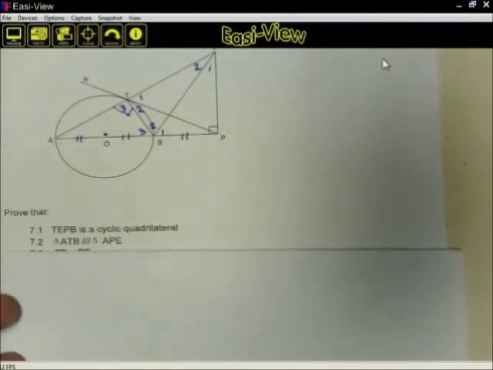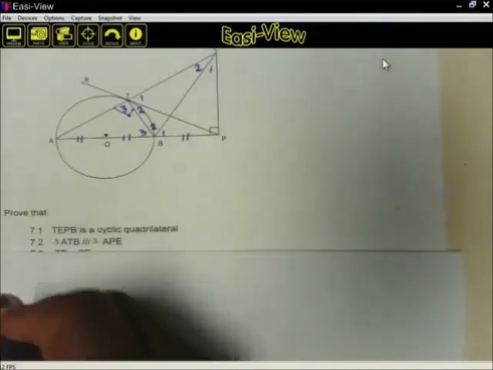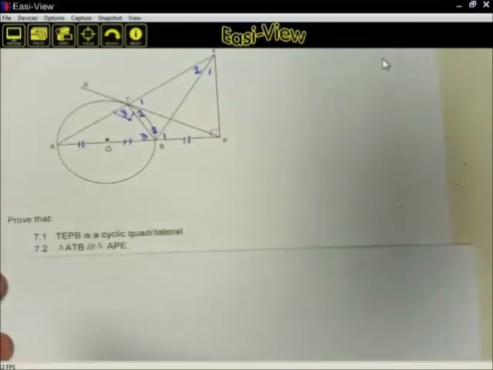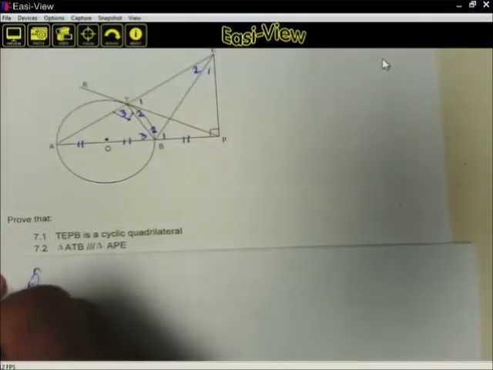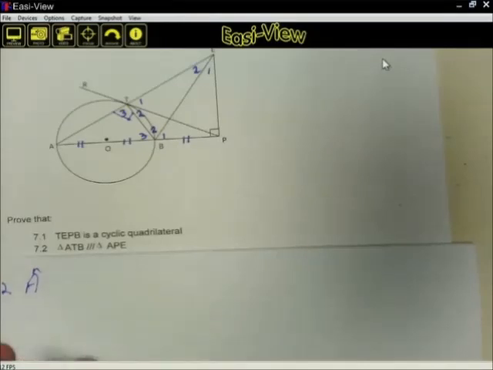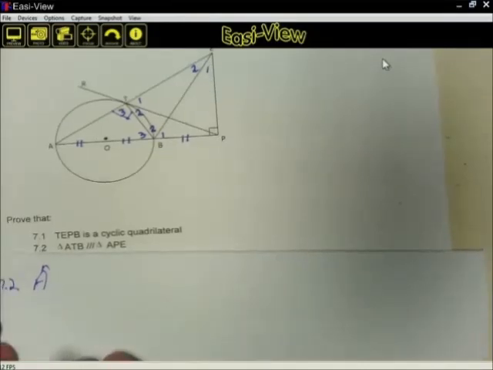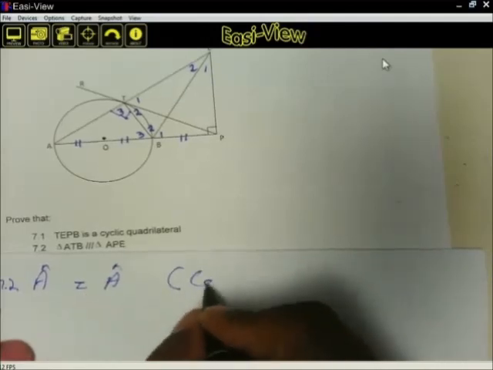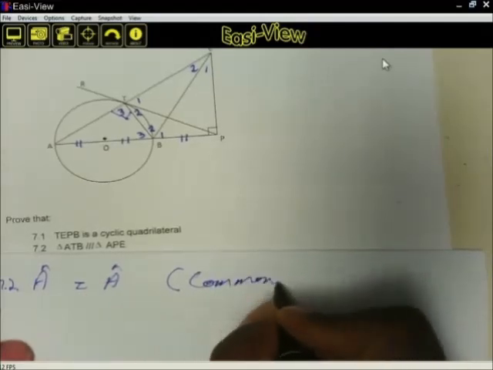Let's look at triangle ATB and APE. There's something common. Angle A belongs to the two triangles. We are answering 7.2 now. Angle A is equals to angle A. It's common.